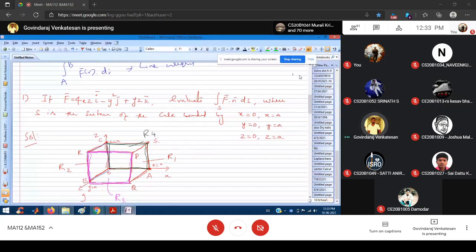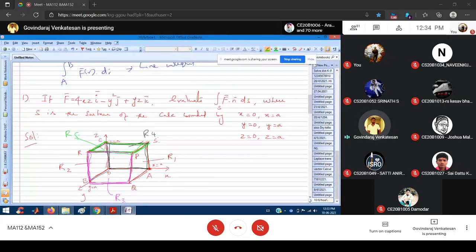What is the surface on the z-axis? CRPS, right? This one. This is the surface. Take this as your R5.